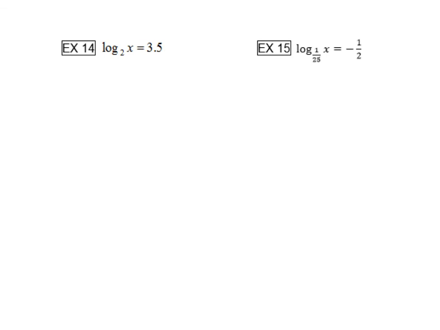Next example, log base 2 of x equals 3.5, so we rewrite it. 2 raised to the 3.5 power is equal to x. Alright, so we're going to manipulate this 3.5, and we are going to go ahead and break this apart. 3.5 is the same thing as 3 plus a half, right? 3 plus 1/2 is 3.5.